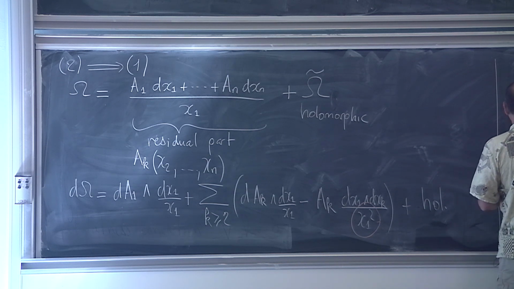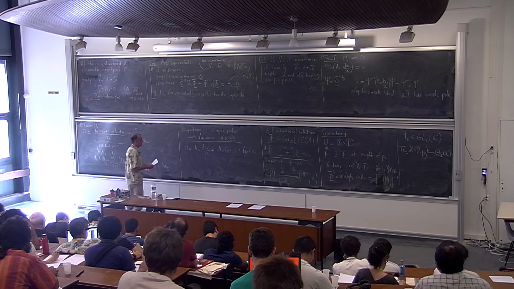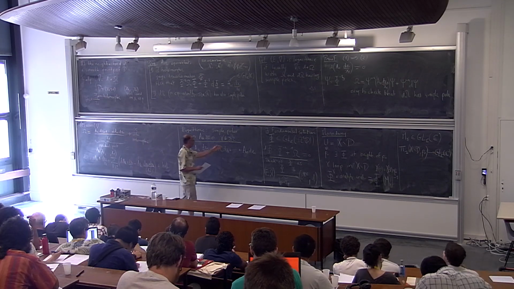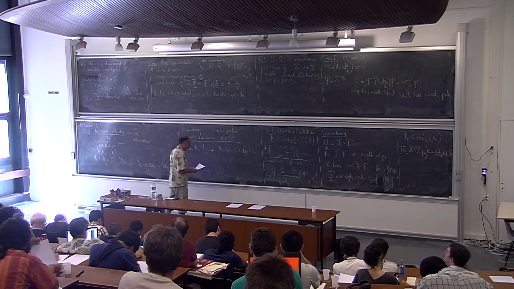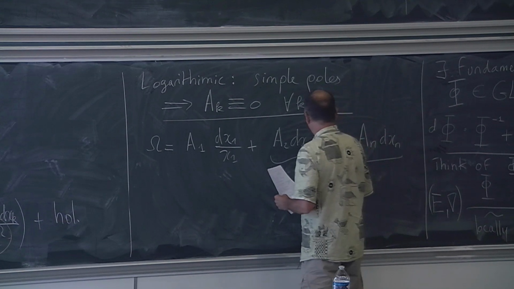So now I rewrite omega as A1 dx1 over x1 plus A2 dx2 plus ... plus An dxn. I rewrite the connection as follows. I decompose it into dxi's. And this part is holomorphic.